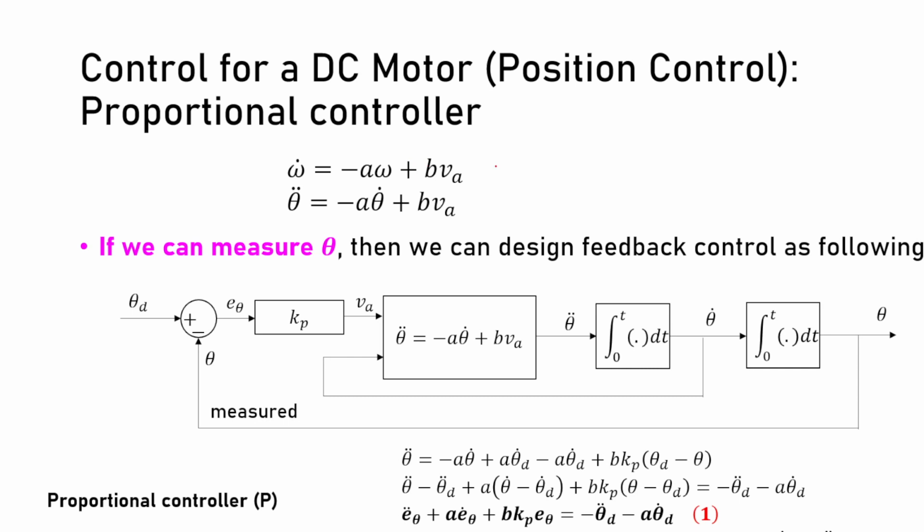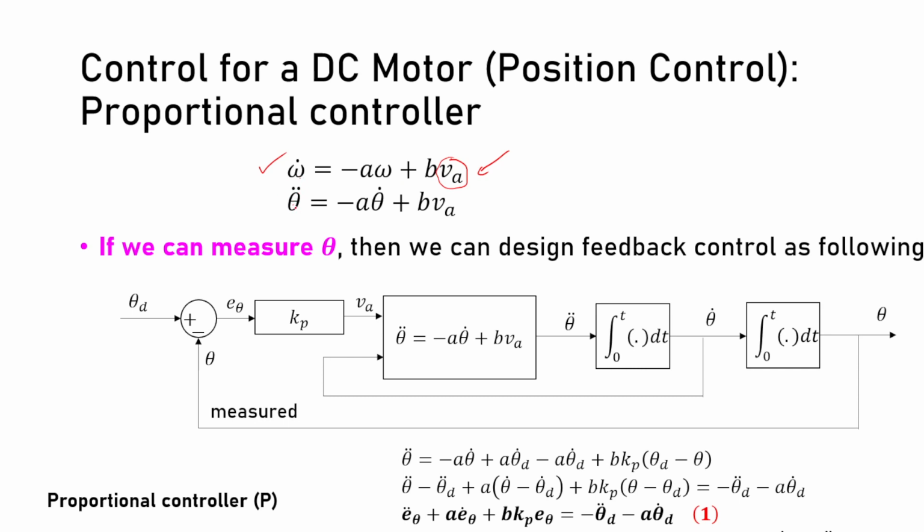Okay, first, what you have from modeling is this equation that tells you if you supply a certain voltage, then you can have the angular velocity of the motor that can be computed via this differential equation. And we can rewrite this by substituting omega by theta dot.